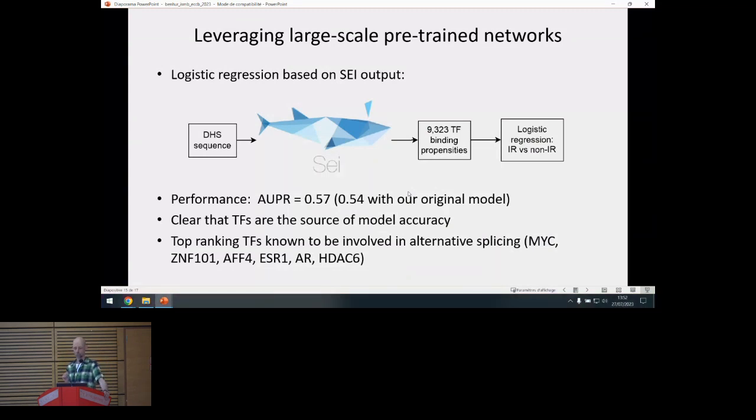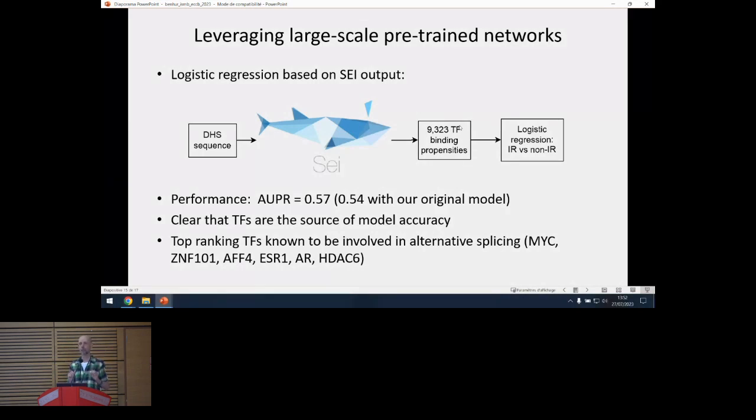And also what we did was to focus just on those. So we used the 9,000 or so predictions of transcription factor binding events as input to a very simple logistic regression. And that avoids the big problem we had in our previous approach of having to map things to transcription factors.